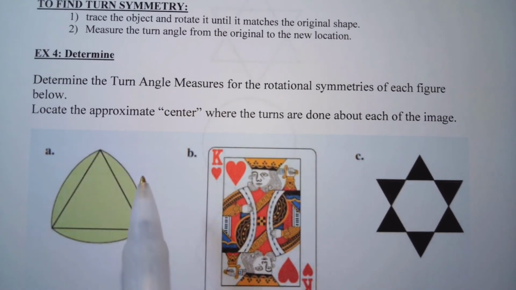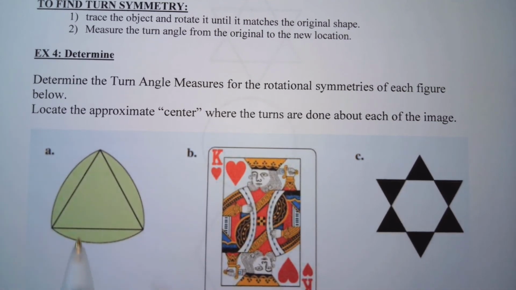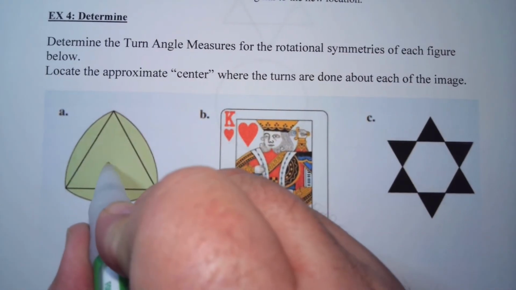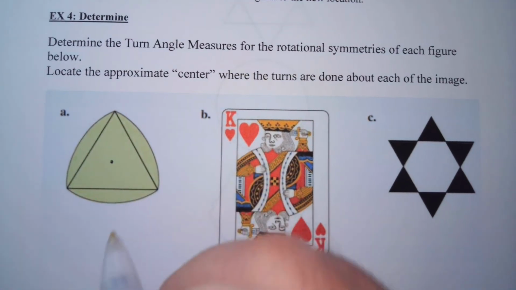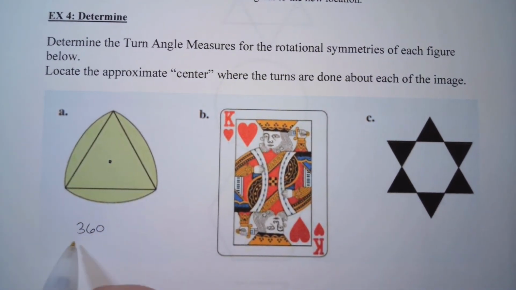Okay, determine the turn angle for the rotational symmetries of each of the figures below. Locate the approximate center where turns are done about each image. All right, so the center is right here. Complete revolution is 360.